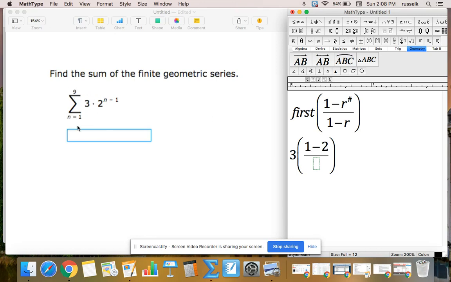Be careful if it doesn't start with 1 at the bottom. You need to count and see how many things are in between your bottom and the top. And then 1 minus 2 in the bottom. Cleaning that up, we have 3 times negative 1 on the bottom of this fraction. And then I need to figure out what 2 to the 9th power is.